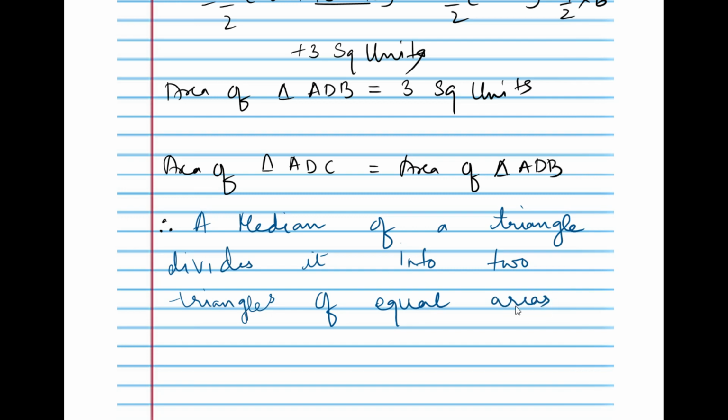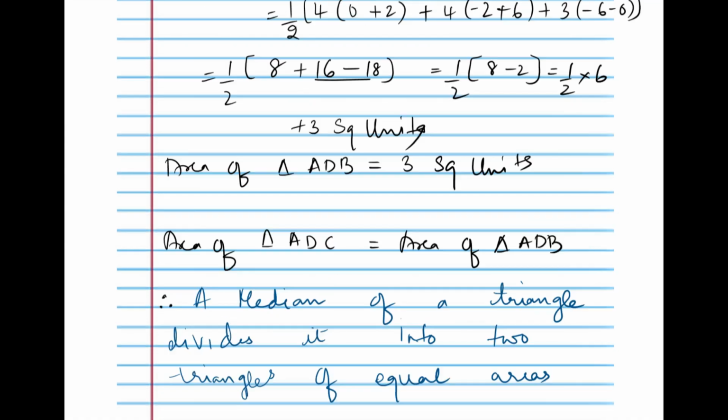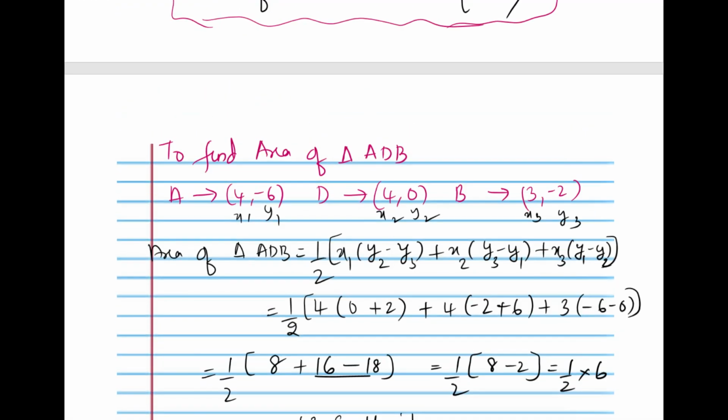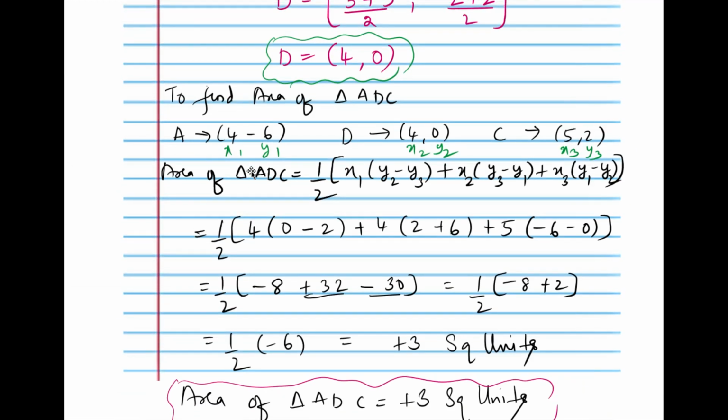The median of a triangle divides the triangle into two triangles which are of equal areas. This is what we have verified in the last question, that is the fifth question of the exercise.